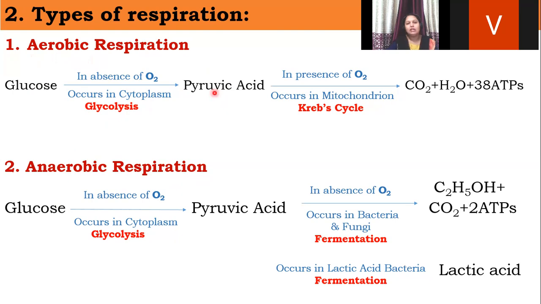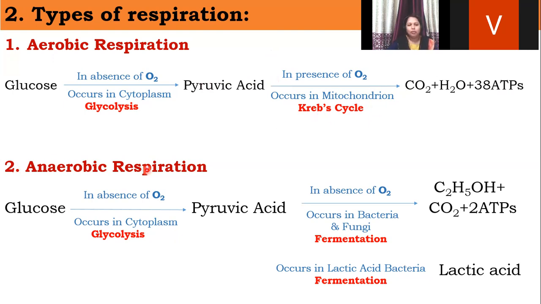The pyruvic acid, or commonly called pyruvate, is further converted into carbon dioxide, water, and ATPs in presence of O2. The reaction occurs in the mitochondrion, and it occurs through two main processes. The first one is the Krebs cycle, which is coupled with the electron transport system, also called oxidative phosphorylation.